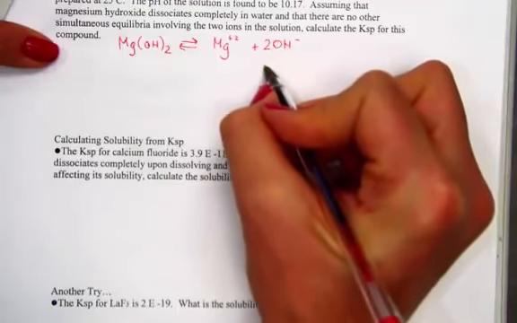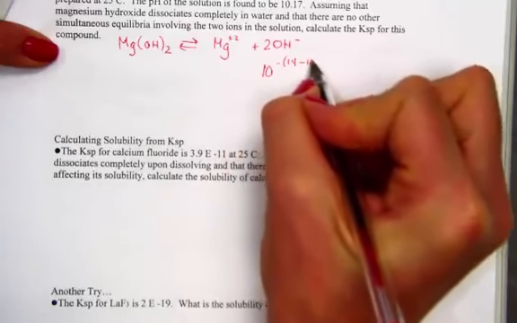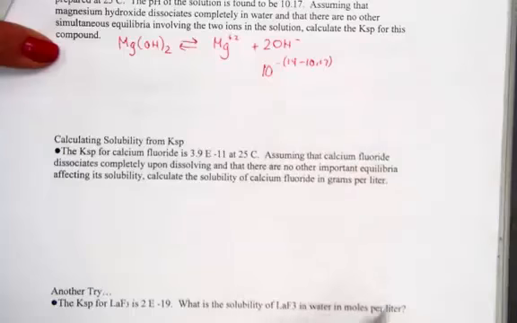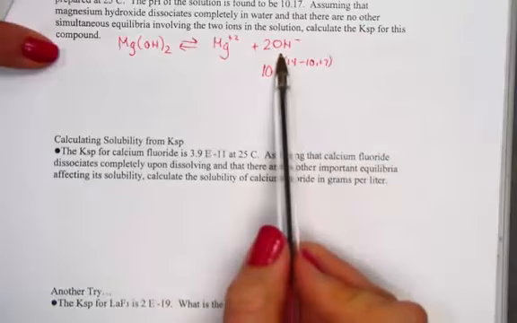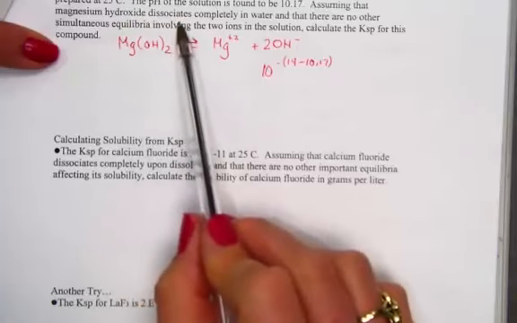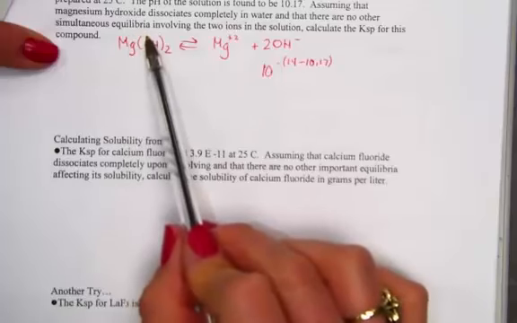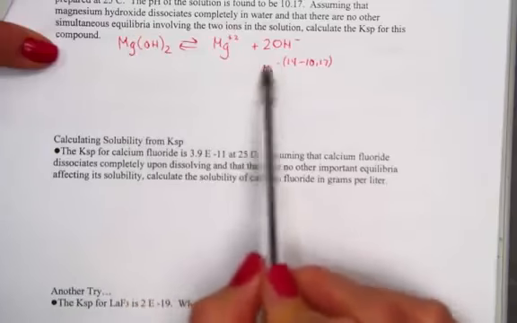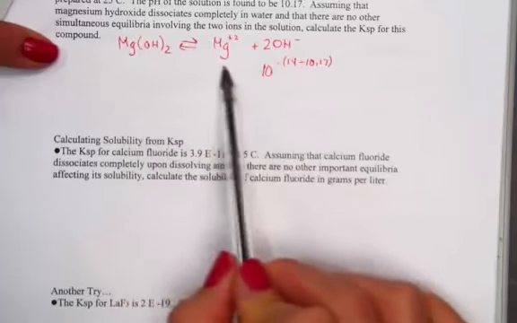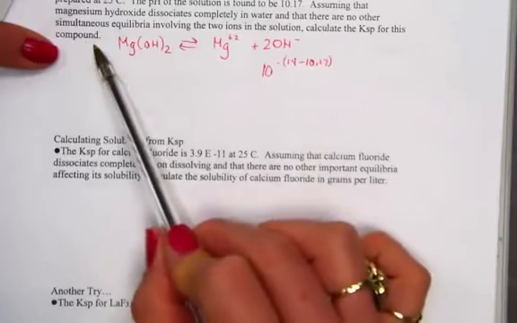So what that can show us: 10 raised to the negative 14 minus 10.17 can give us the concentration of hydroxide. Assuming that magnesium hydroxide dissociates completely, with no other competing equilibria, no common ions, anything to consider, just the straightforward equilibrium, we'd like to calculate the KSP for this compound.